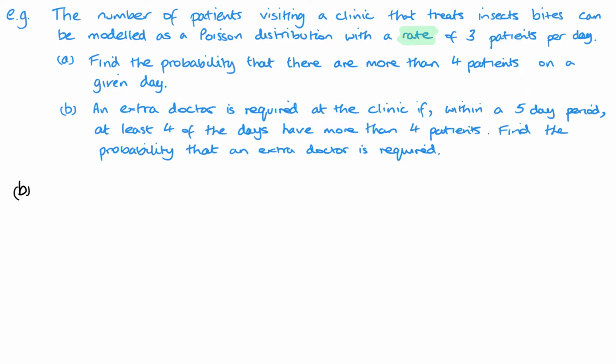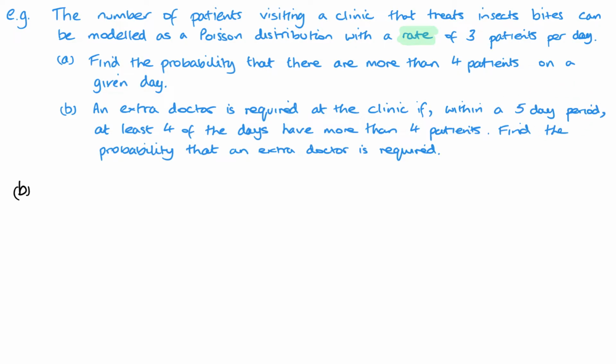Now for part B, we've got an extra doctor is required at the clinic if within a 5-day period, at least 4 of the days have more than 4 patients. You'll notice that this sentence here, at least 4 of the days have more than 4 patients, is what we did in part A. But now we're extending that over a 5-day period.